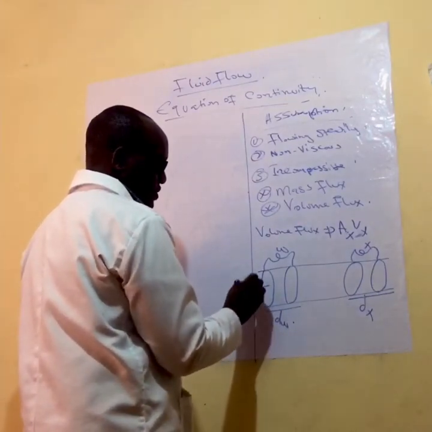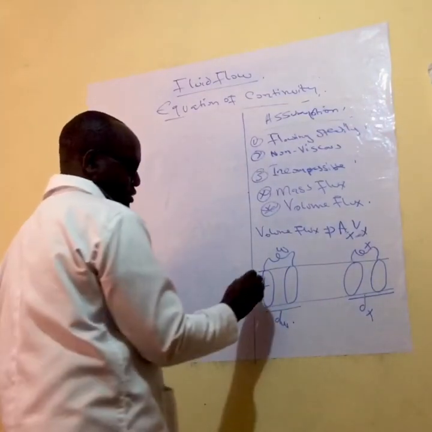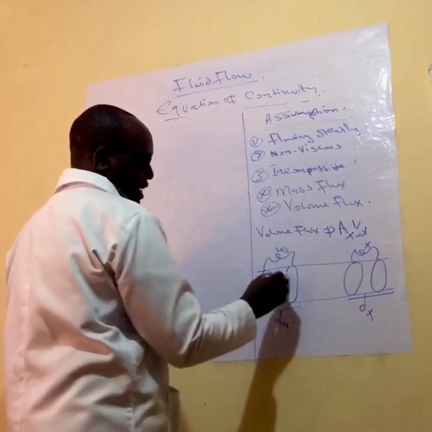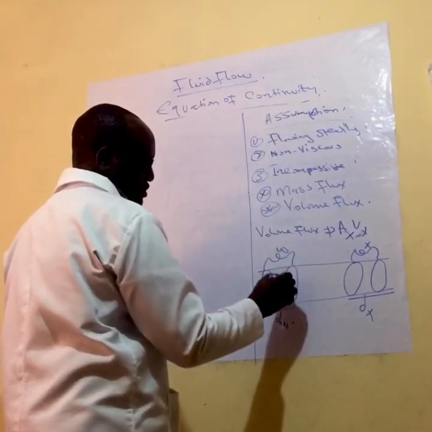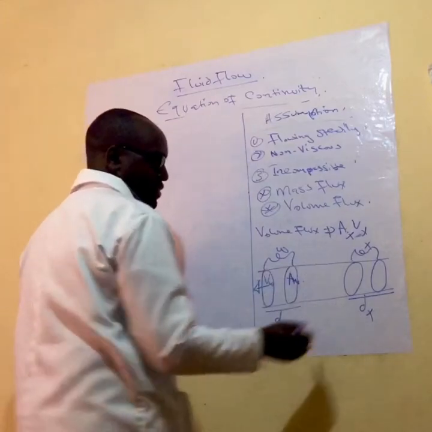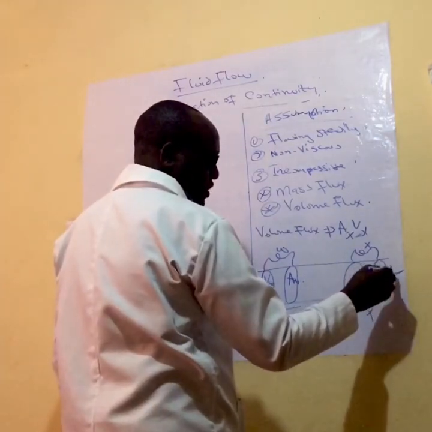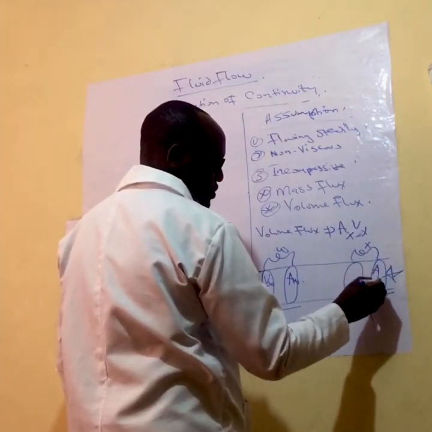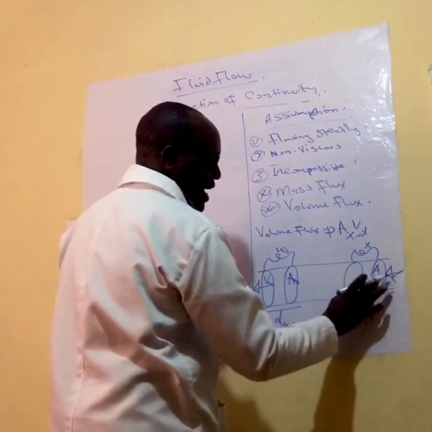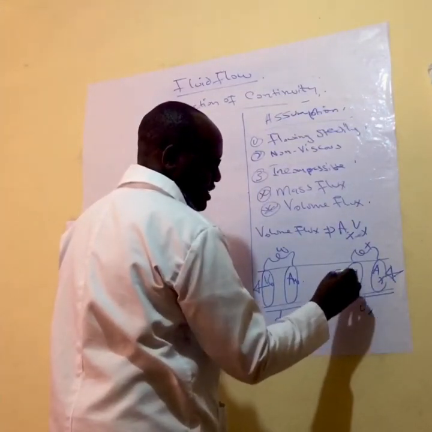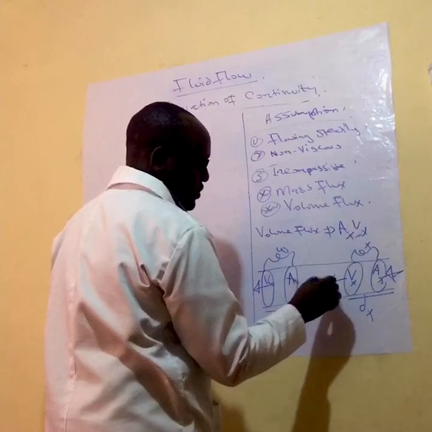Now the fluid is flowing at the speed of VW, the area of this cross section was AW. Now the liquid is flowing in that direction, the area of this cross section we are calling AX, and then this is the flowing fluid.